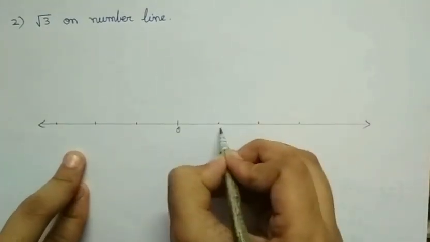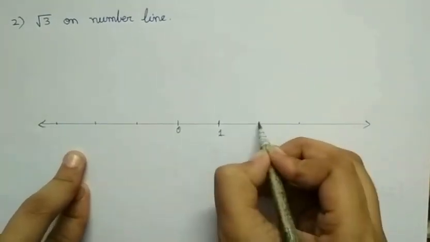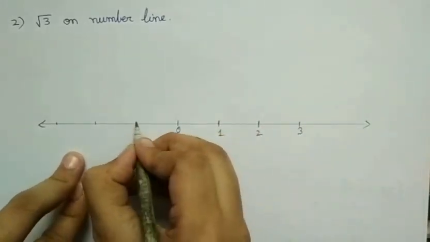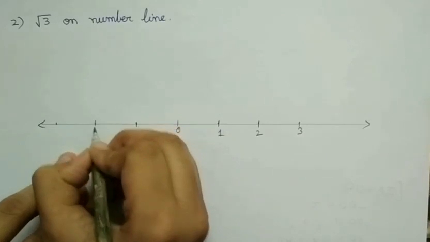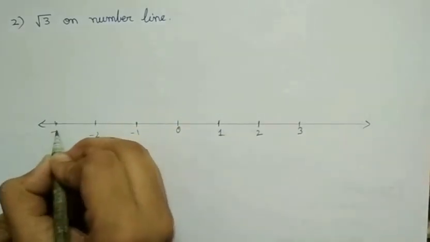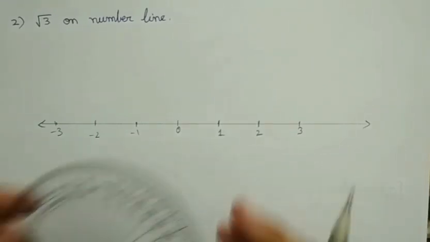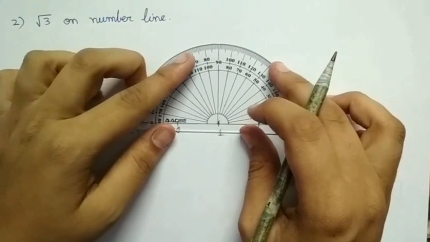This is 0, 1, 2, 3, minus 1, minus 2, minus 3. Now, to draw root 3, we need to draw root 2 as a base.